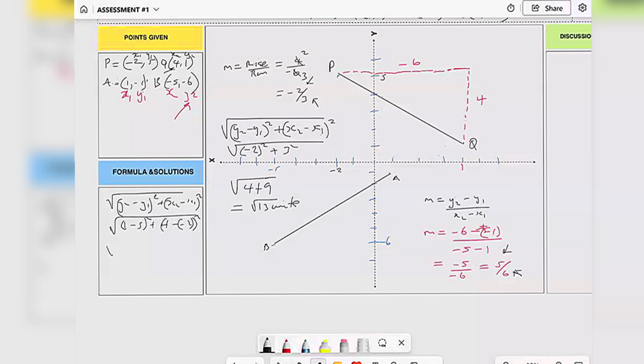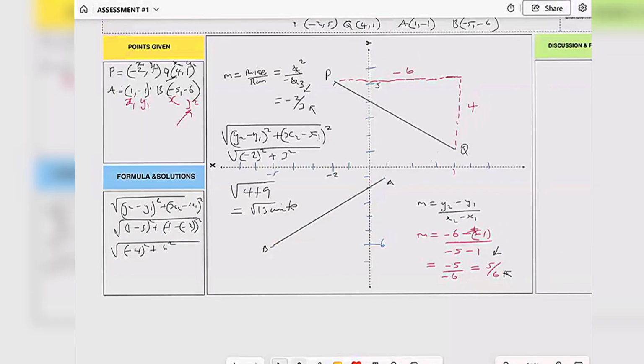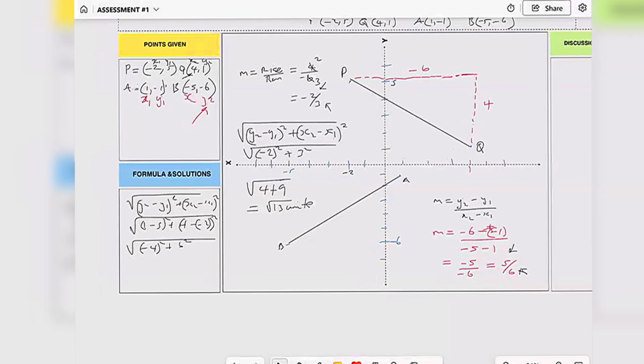So if you look at the math now, we end up with -4 squared plus 6 squared, because minus times minus is plus. So 4 plus 2, that's going to be 6 squared.